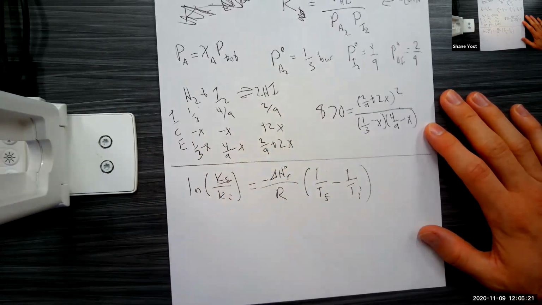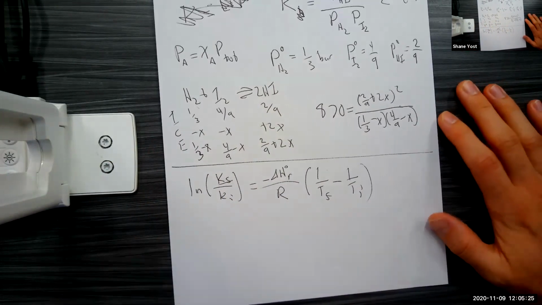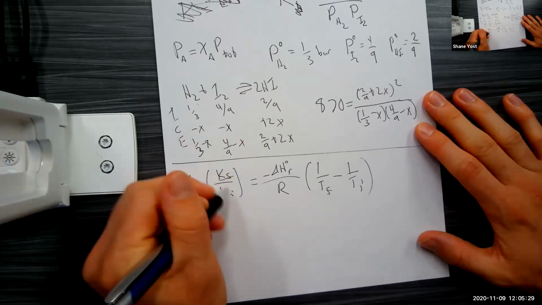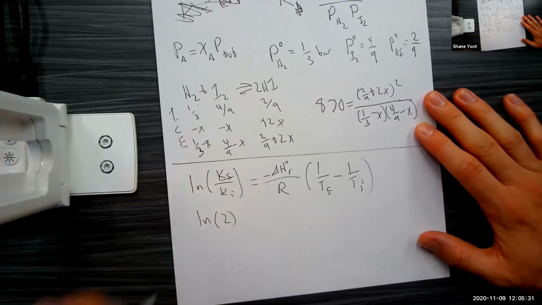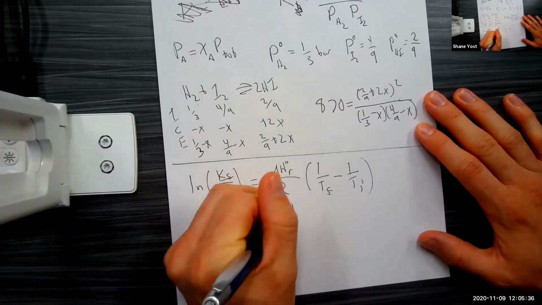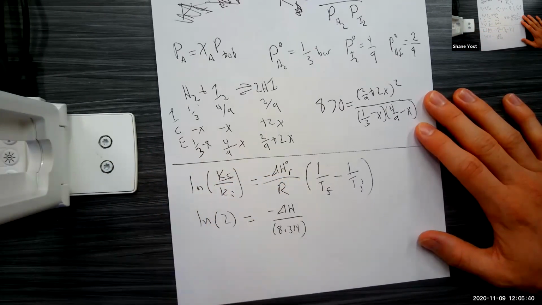I think there's that minus sign there. So in this case, the equilibrium constant doubles, so this is just the natural log of 2, and then minus delta H that we're looking for over 8.314, okay?